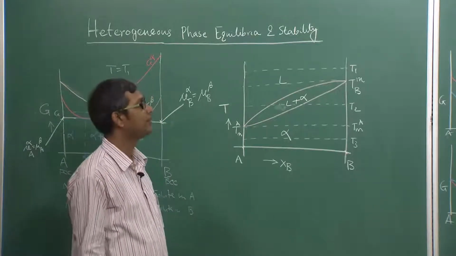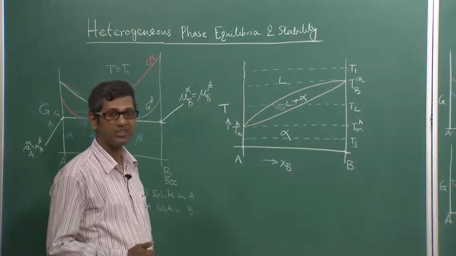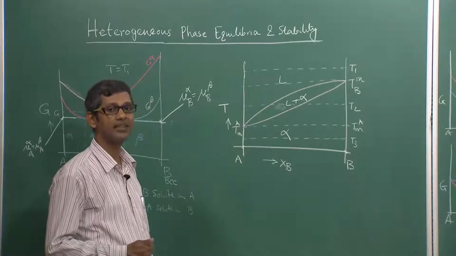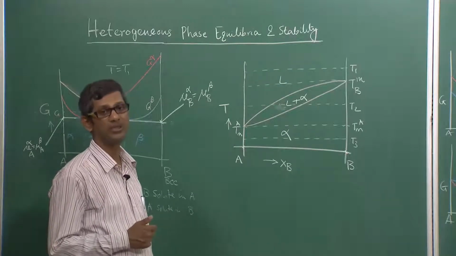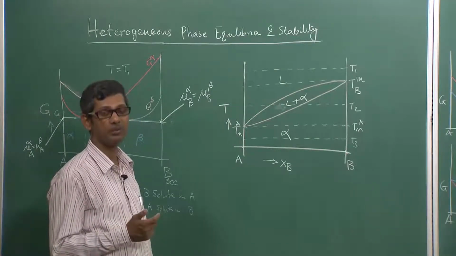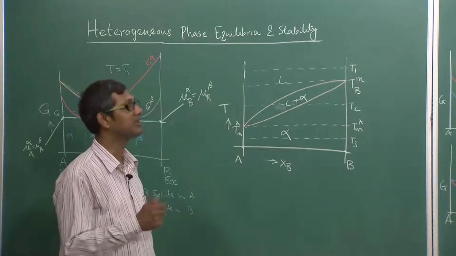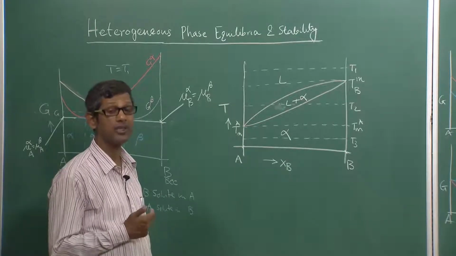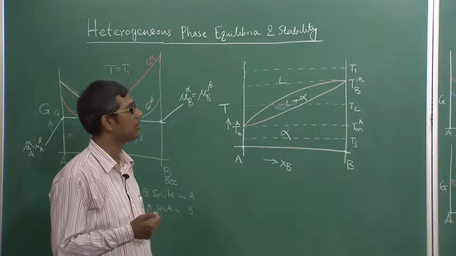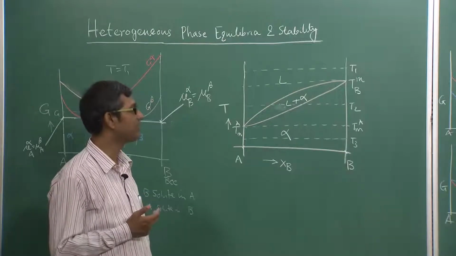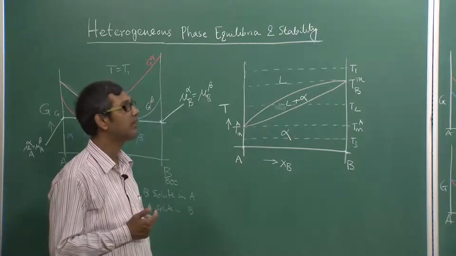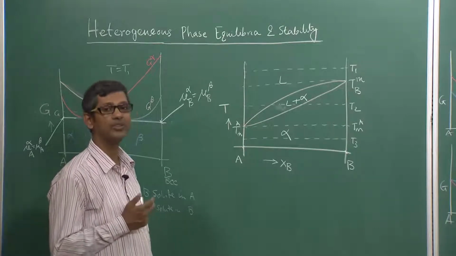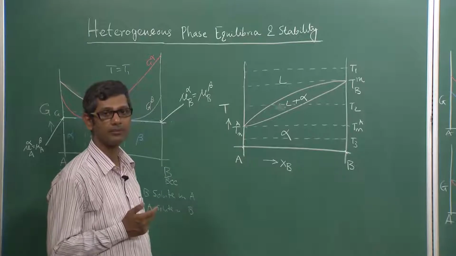Third, whenever you have a crossover of the free energy curves, that indicates that there is a composition range in which both the phases will be stable, or all the phases will be stable rather. It can be that three free energy curves will be crossing over, so then three phases will be stable also. But here, because it is a very simple phase diagram, easy to understand, only two free energy curves are crossing over. So crossing over means there is a composition range in which both alpha and liquid are stable.